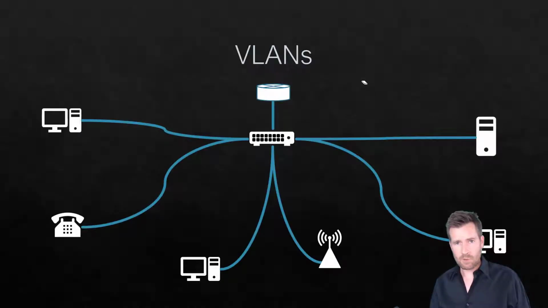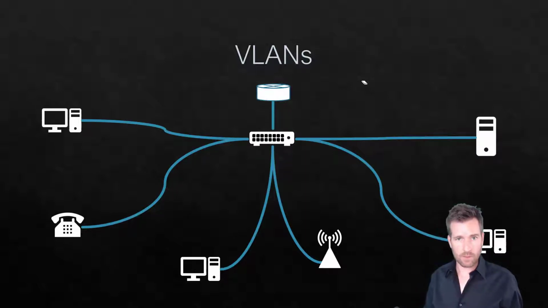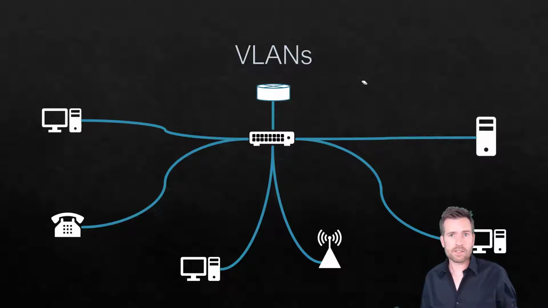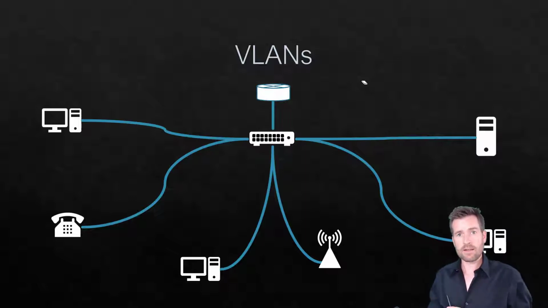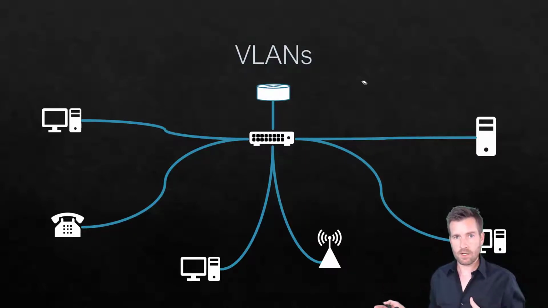Now, there are times when you want to group certain people, workstations, or objects within your network into separate networks, which is what's called segmentation. You want to move apart different areas of your network for some sort of security reason or for management of those services.